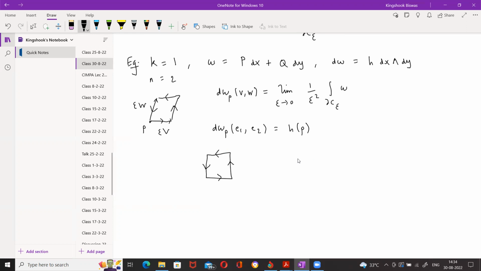So this dy term will vanish over the horizontal sides and you'll only get the dx term. But now what I'll get is an integral of p dx over this side, minus the integral over this side, right?